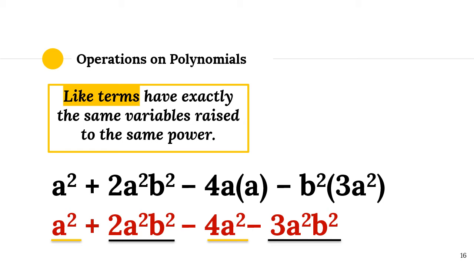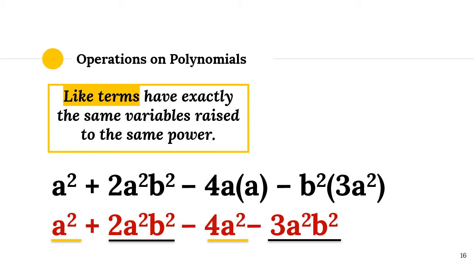Similarly, the second and the fourth have both a and b. Nothing is missing in either. AB on the second, AB on the fourth. Also, the a and the b have the same exponent in the second and in the fourth terms.